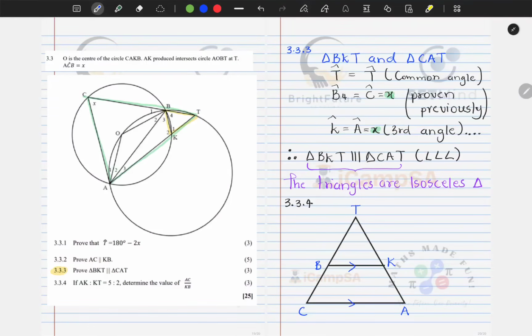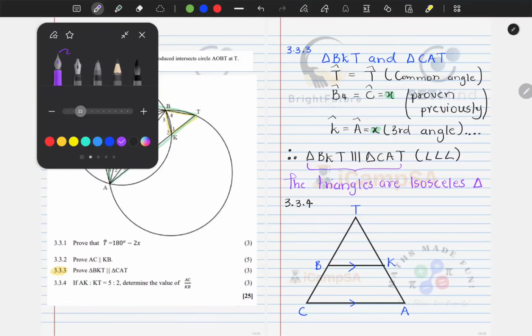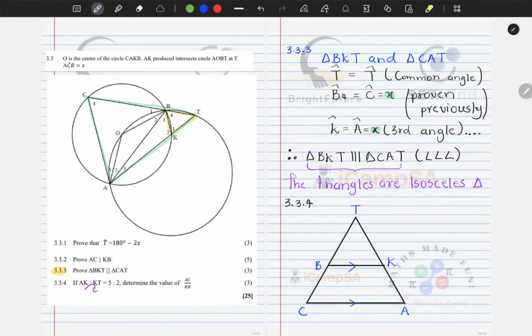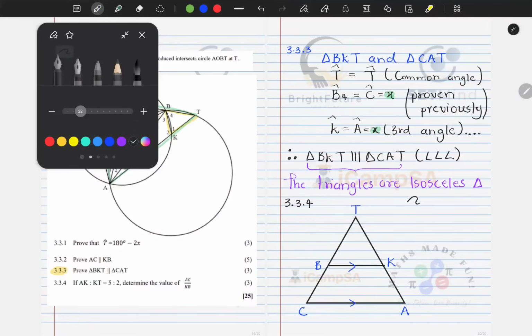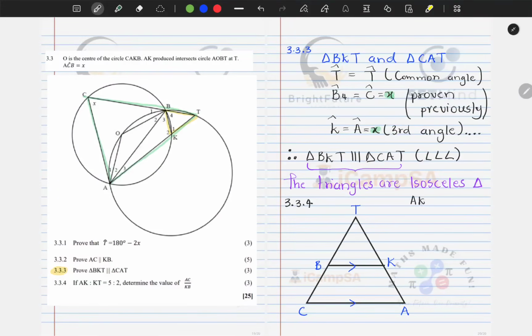These are parallel. And we are given a ratio of AK over KT. So we're given that AK to KT will be 5/2.